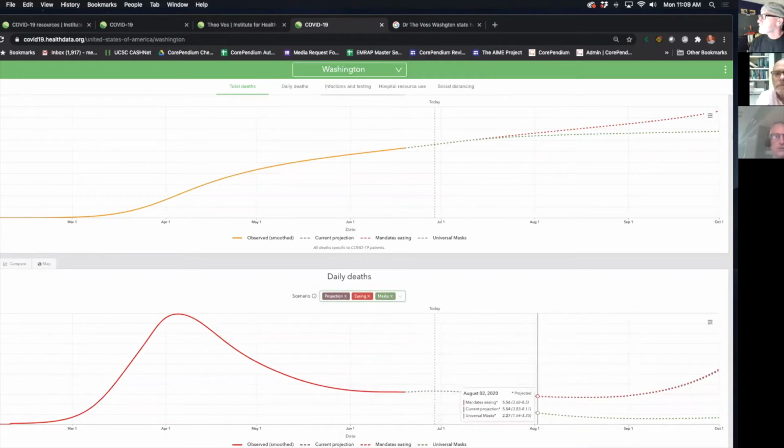So you're showing on your shot of our model these various scenarios. Now, the first one of the continued easing and what our main projection is, including this ability to put on the emergency brake, they overlap in Washington state, but you can see that there is a reasonable advantage that could be gotten from 95% of the population wearing masks.